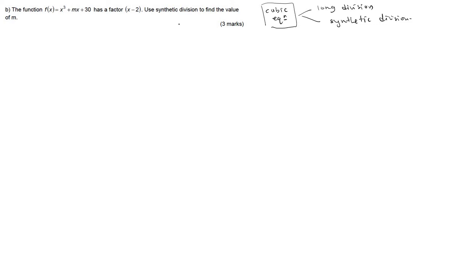division. Okay, for synthetic division, let's construct the table. So x power 3, x power 2, x, and constant. Okay, mesti ada x kuasa 3, x kuasa 2, x dan constant.